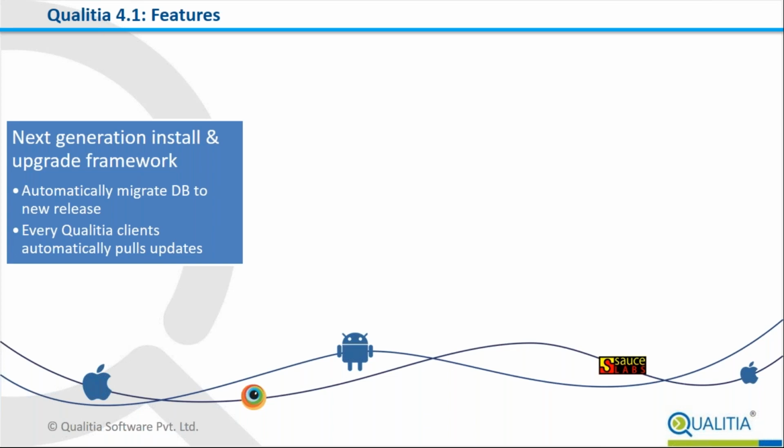You can simply put our update package in a central repository in your network, and Qualisha's next generation install and upgrade framework will automatically migrate your database to the new release as needed. And subsequently, every Qualisha client will automatically pull the updates from this central repository and upgrade itself and make it up to date.